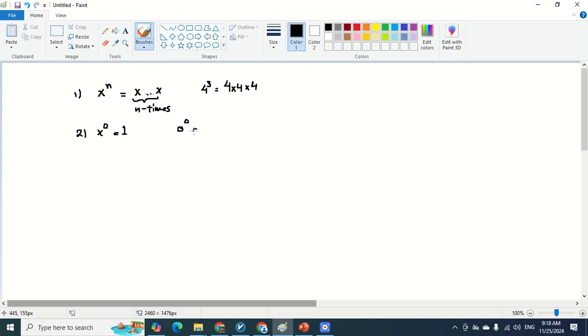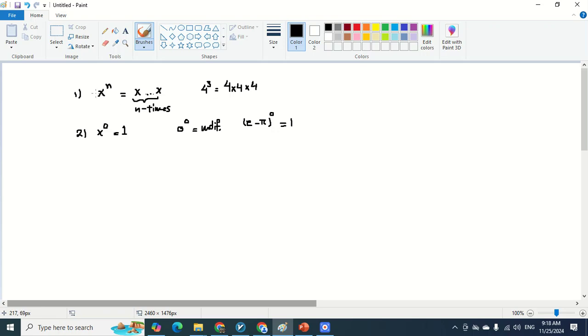We cannot define that case, but for the remaining numbers, for example e, the Euler number, minus pi, which is an irrational number, to the power of 0 will be equal to 1. Any number except 0 to the power of 0 is equal to 1.